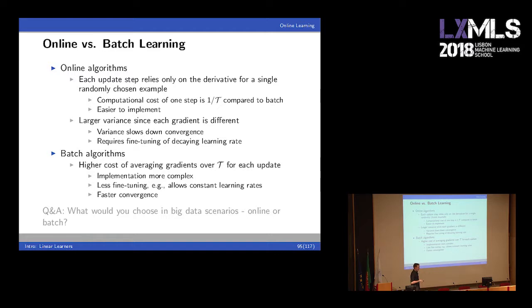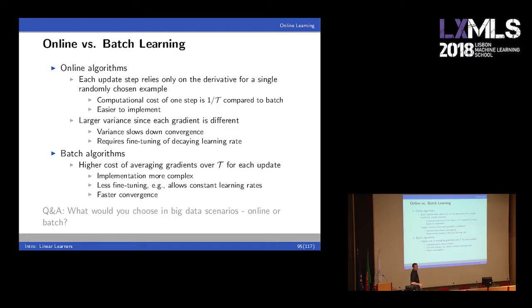The reason why online algorithms converge slower is that you have to make sure the learning rate is small and decaying. You can only show convergence for online learning algorithms if the learning rate is getting smaller and smaller. Otherwise, the error introduced by the stochastic choice of examples will always be there.